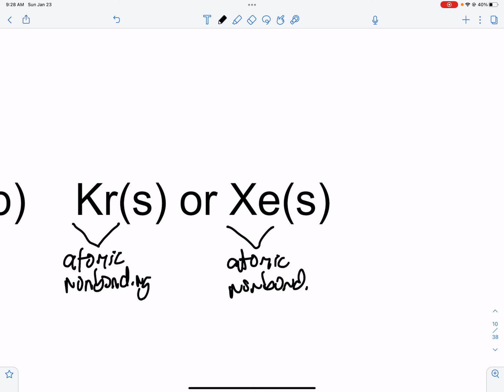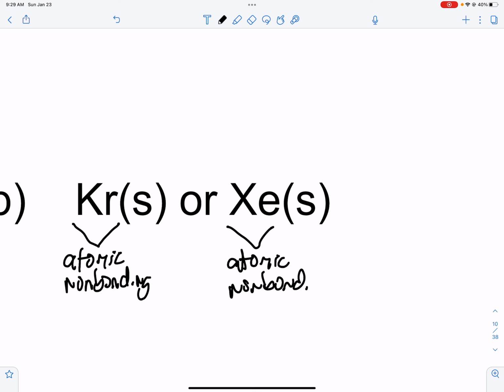So the only thing keeping these two together with their respective counterparts is dispersion force. How do we know which one has the stronger dispersion force? It would have to be the bigger one, right? If all they have going for them is dispersion forces, then the bigger one will have the stronger dispersion force and therefore the higher melting point.